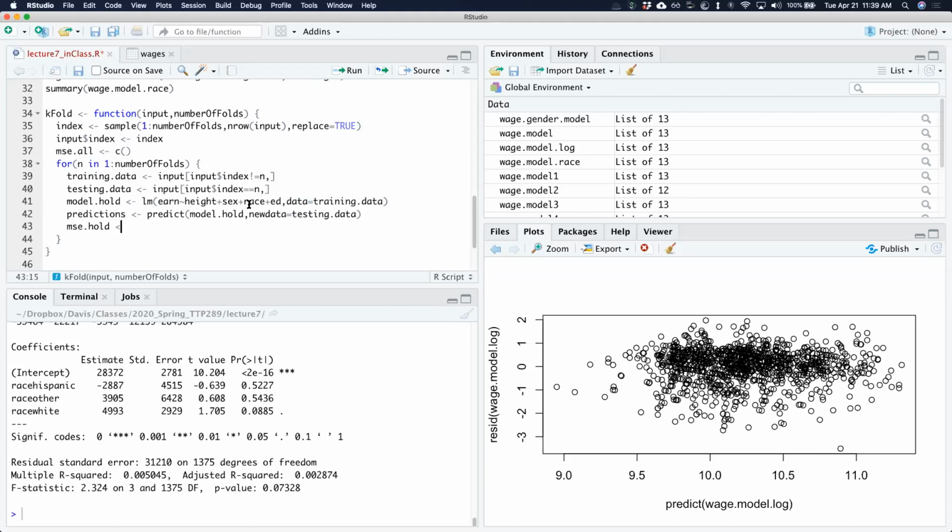The mean squared error we know is the mean of the difference between the actual points, which is from the testing data dollar earn, so that's our actual y, minus y-hat, which is our predictions. And then we square that for mean squared error.